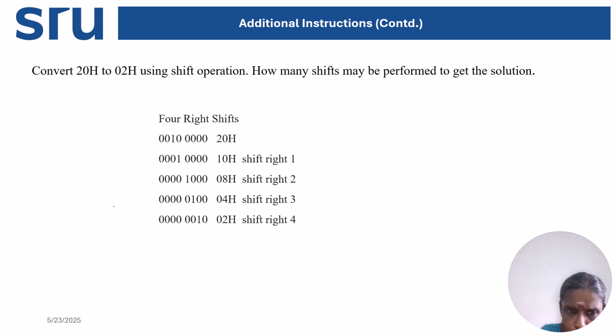And then fourth one 0 0 0 0 0 0 1 0. MSB is made 0 and it is equivalent to 02H. So after performing 4 right shifts, we can get 20H to 02H.